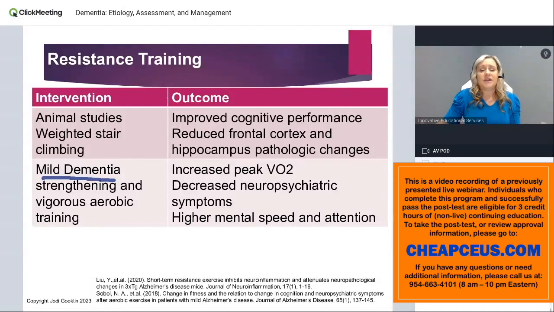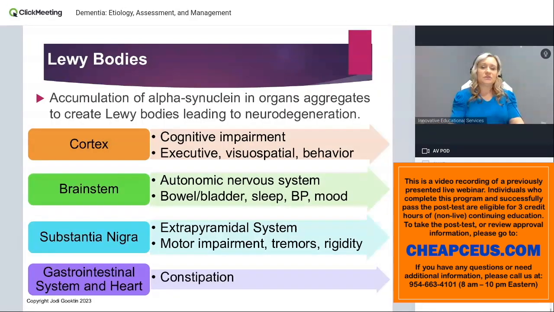What they did find is that, again, the neuropsychiatric symptoms decreased, and mental cognition, as well as speed of thinking, specifically their ability to attend more to what's going on and what they're learning, seemed to improve. So the research is saying that different types of exercise are beneficial.